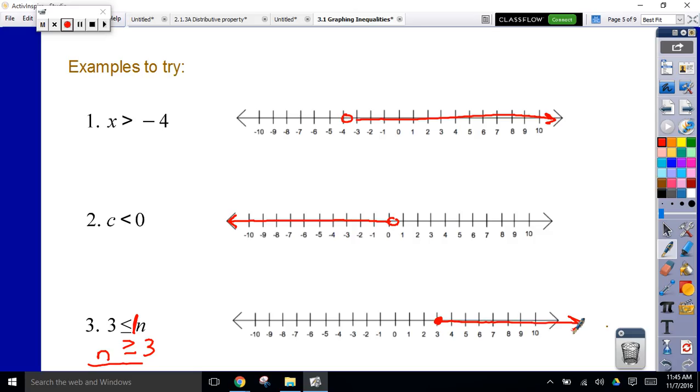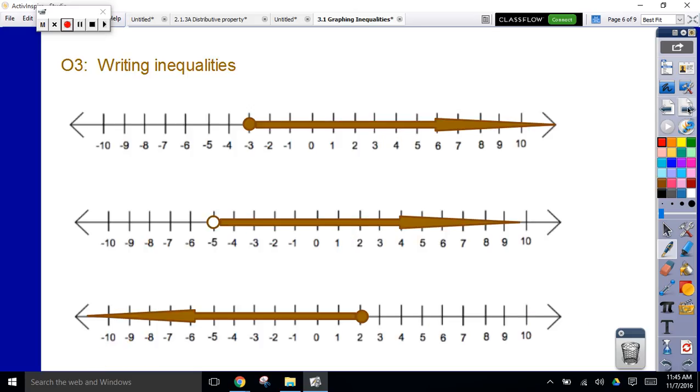Okay, let's talk now about writing inequalities. So this is just taking what we did and going backwards. So we're starting with a graph. We're going to write the inequality that goes with this graph. So for the first one, I have a closed circle on -3, and my arrow is going to the right. So if it's going to the right, I need to have greater than. If the circle is closed, I need to add the equals.